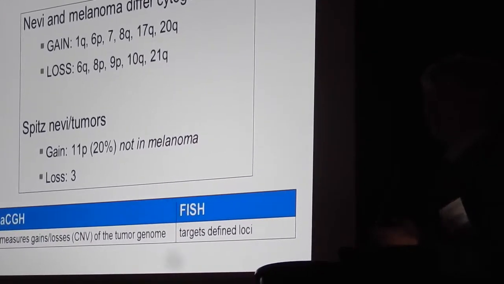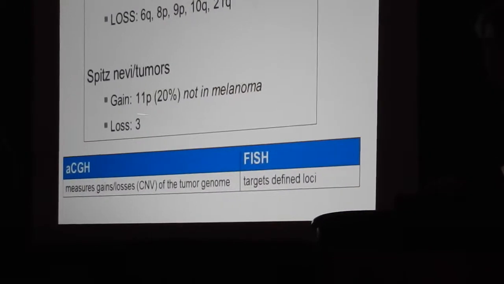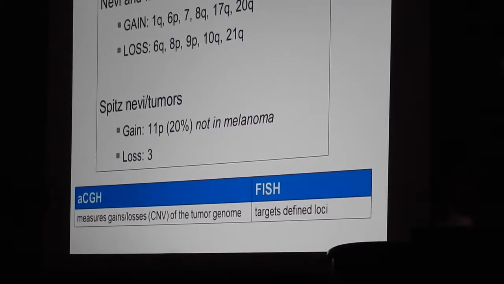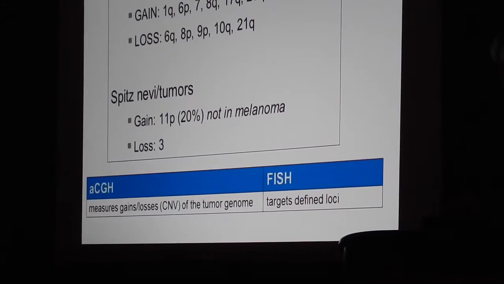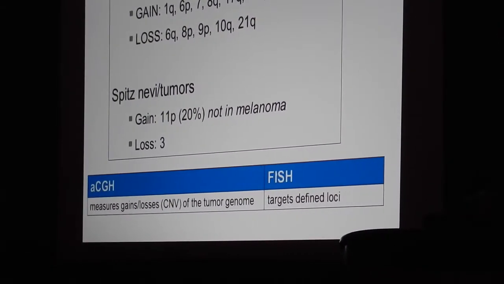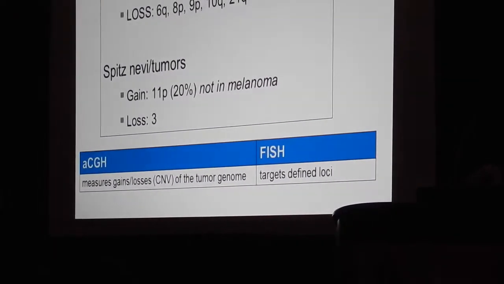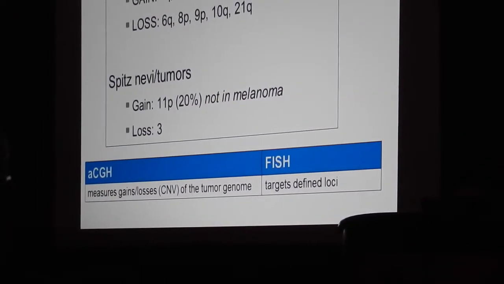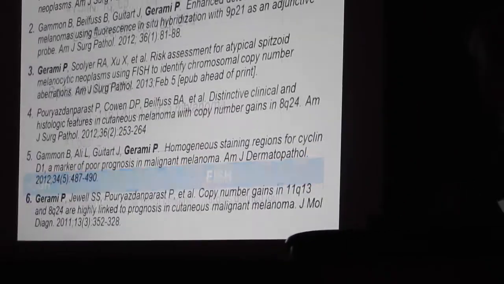These are typically Spitz nevi with an epithelioid morphology, and they behave somewhat more aggressively. So looking at 11p in Spitz nevi could be helpful to gain a better prediction on the behavior of the tumor. When FISH is used to look at these loci, it's targeted, whereas when array CGH is used, it looks at the whole genome, so it's more agnostic towards the genetic landscape of the tumor.